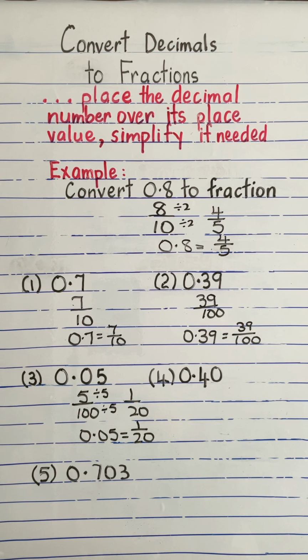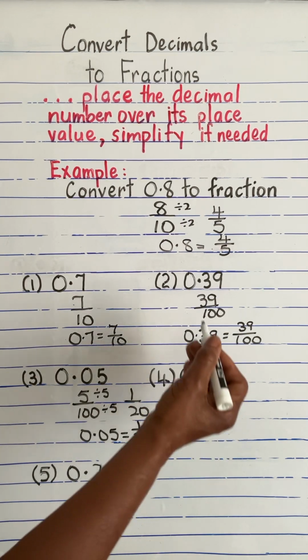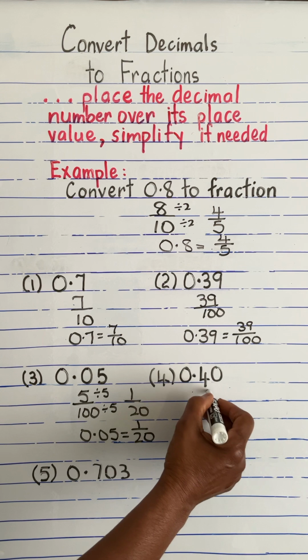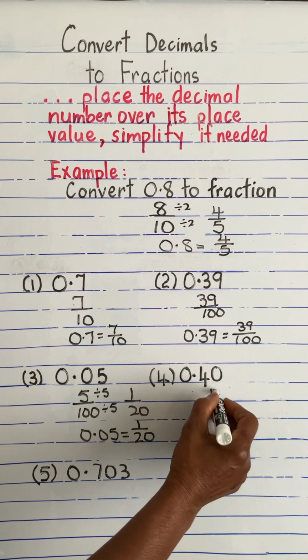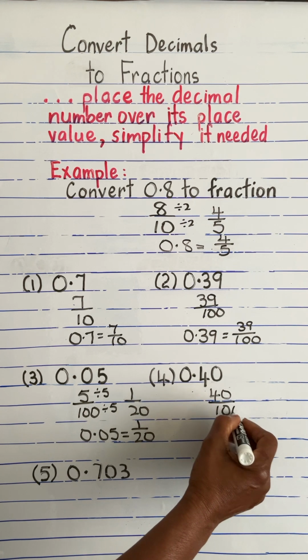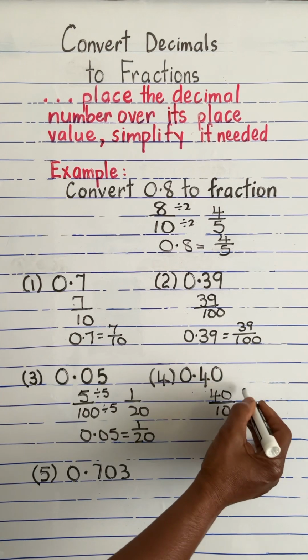Next, 0.40. This is equal to 40 over 100. The highest common factor of 40 and 100 is 20.